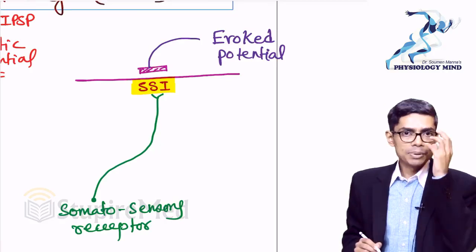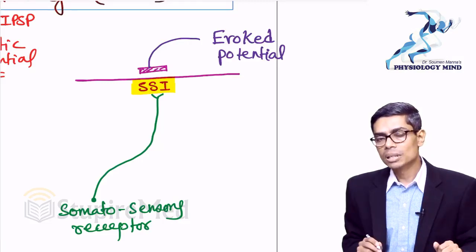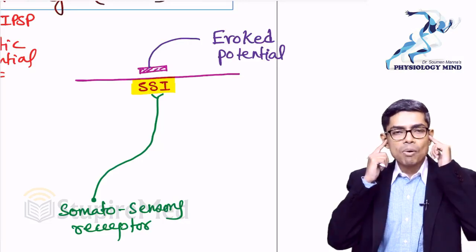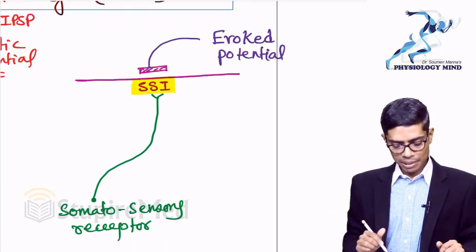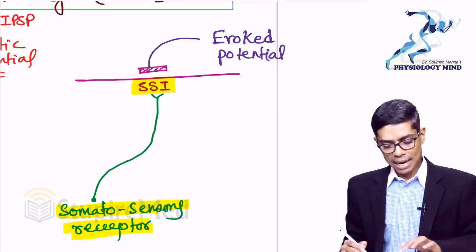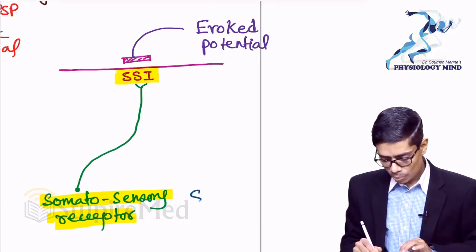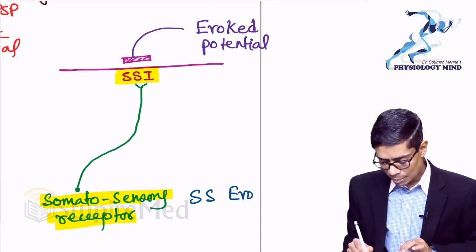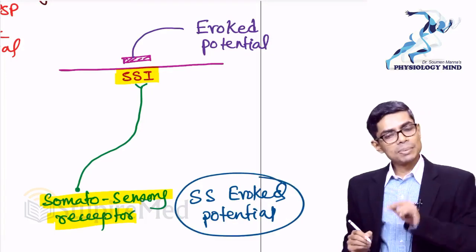So if you stimulate the retina, that is known as a visual evoked potential. If you stimulate the auditory neuron, then it is auditory evoked potential. But here I have stimulated the somatosensory receptor. That's why this kind of evoked potential is known as somatosensory evoked potential. So what is the difference? The difference is that a stimulus is required here.